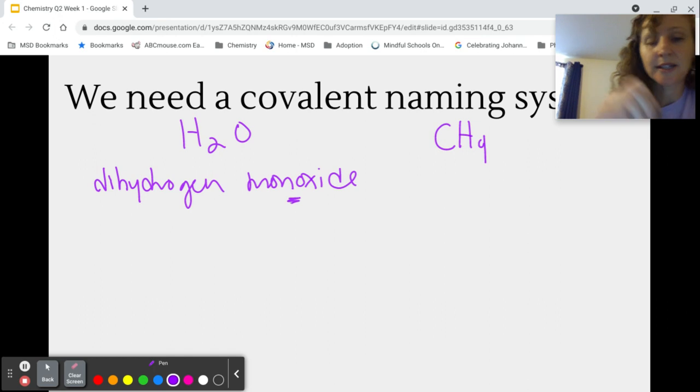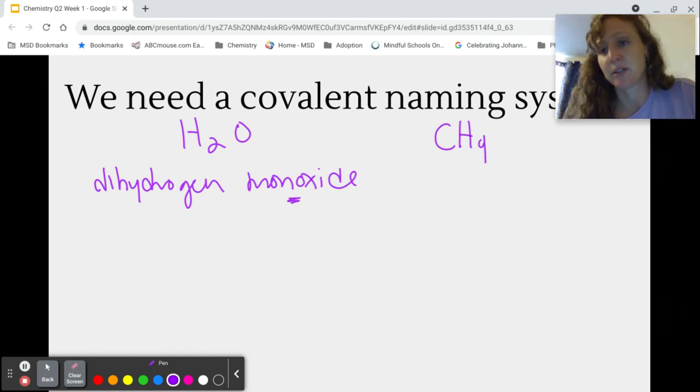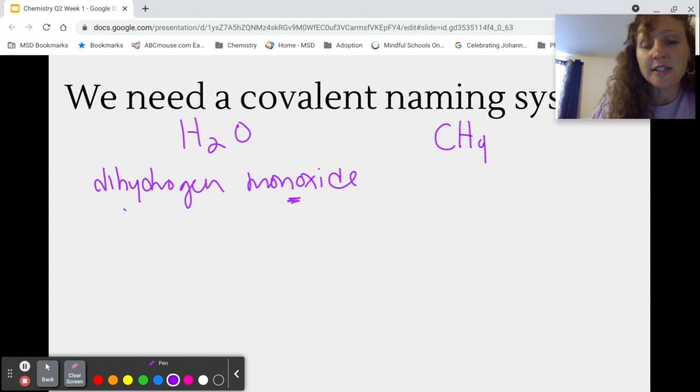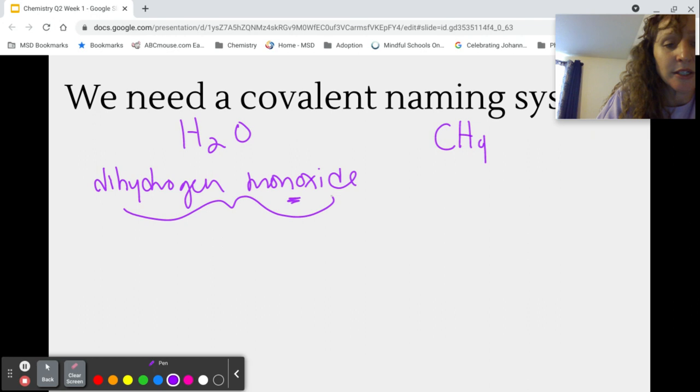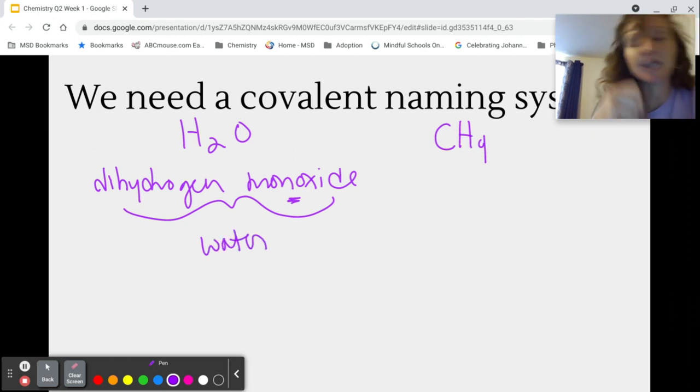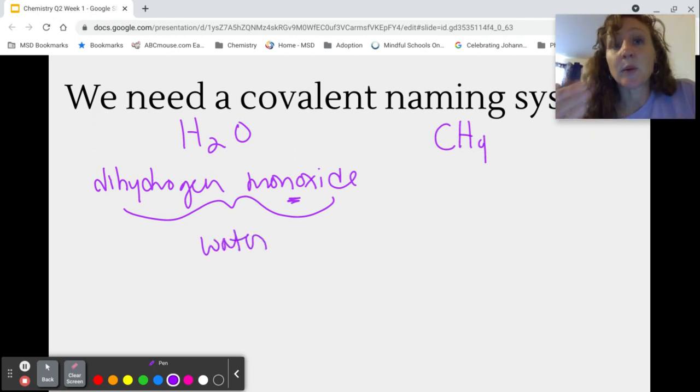Notice again, it's not monooxide, it's just monoxide. Dihydrogen monoxide. Now, do we call this dihydrogen monoxide? No, not usually. Usually we call this water. So notice here that the name that we're familiar with is not actually from the covalent naming system. But since it's a covalent molecule, we can name it within the covalent system.